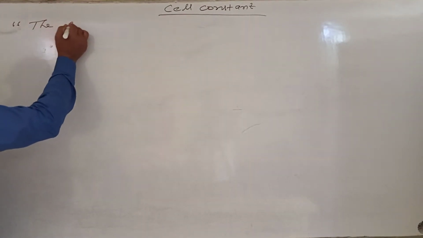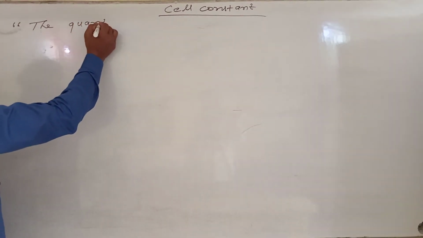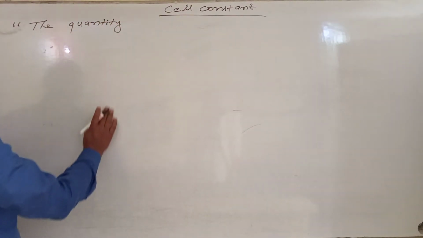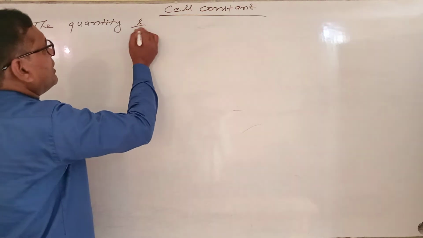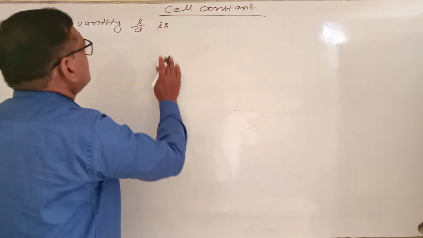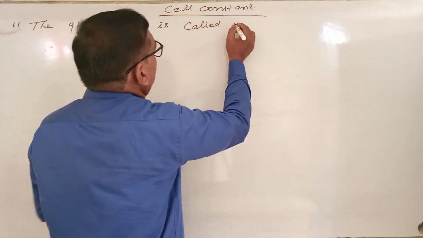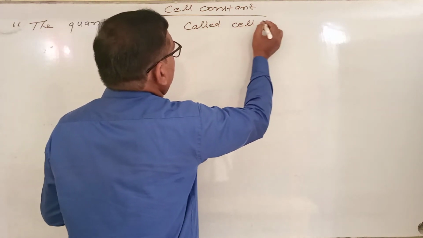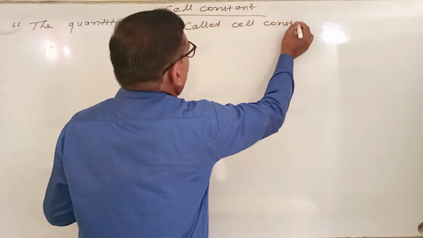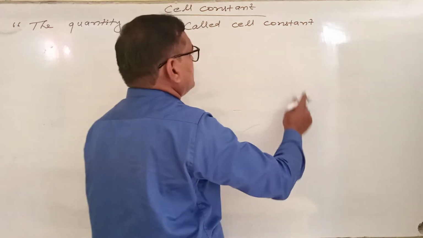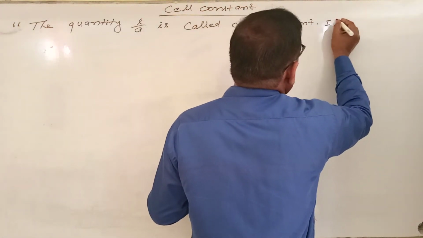The quantity L by A is called cell constant.